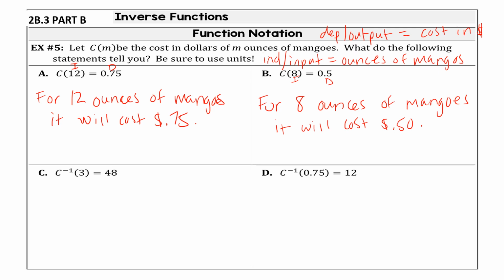All right, now inverse. When you have your inverse, your dependent and your independent are switching places. So here on my inverse, this is now my dependent and this is now my independent.